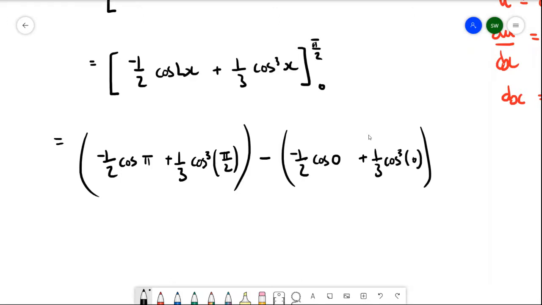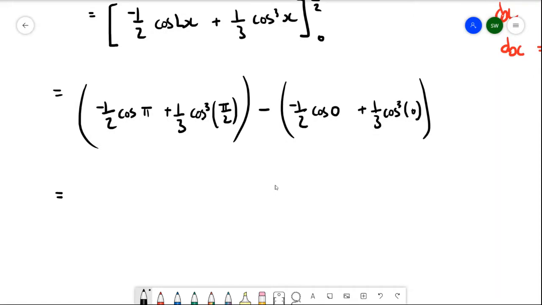Well, cos of pi is minus 1, so we're going to have minus a half times minus 1, which is plus a half. Cos of pi over 2 is 0, so this term is 0.